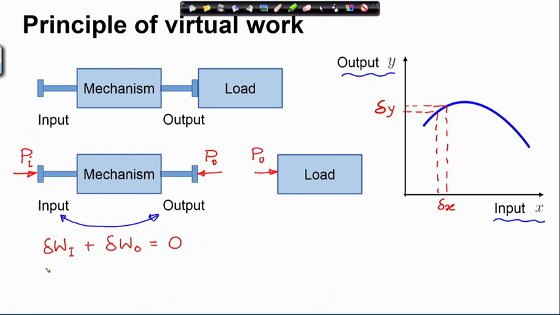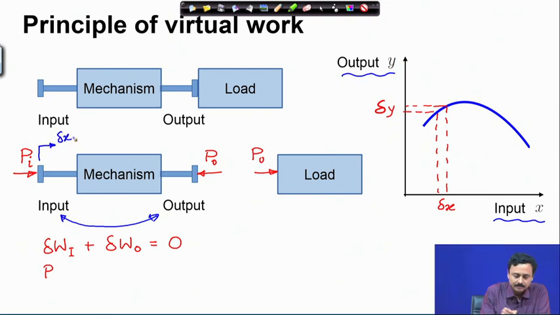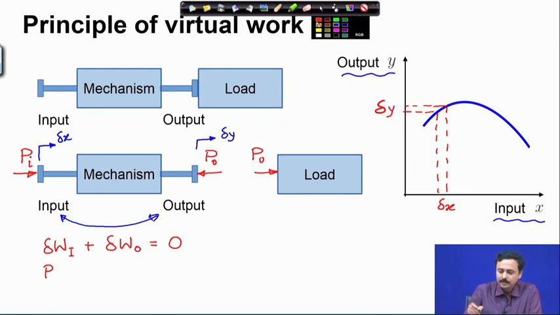Now, work done at the input, you can easily see, if I give a displacement delta x and if I have a virtual displacement delta y at the output. So, these are corresponding to one another through the input output relation. In that case, the virtual work done at the input is Pi times delta x.